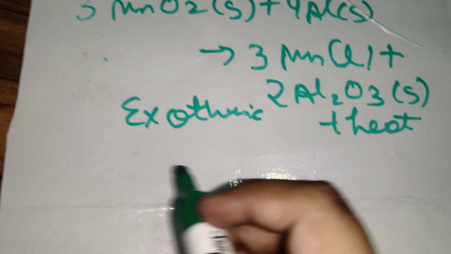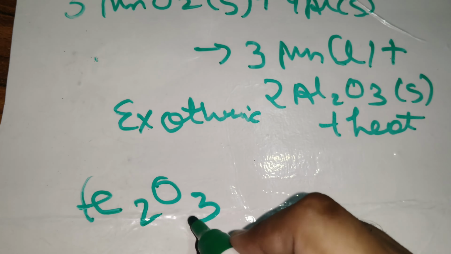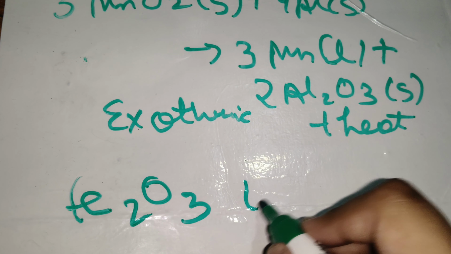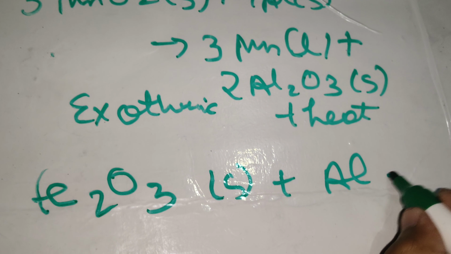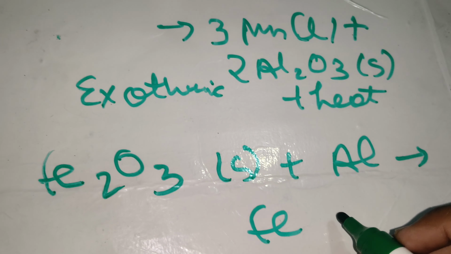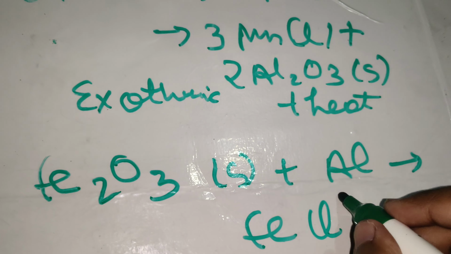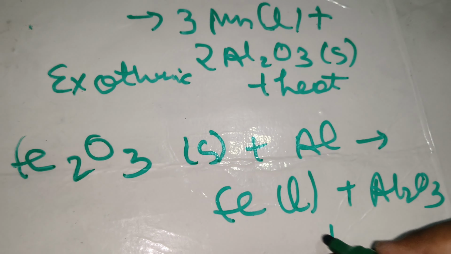Now for the same we will take iron, Fe2O3. This is a solid, and we use aluminium. So aluminium does the displacement reaction and we get iron liquid plus Al2O3 plus heat.